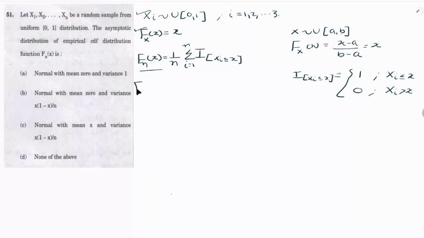Now, the distribution of empirical CDF is always normally distributed with mean Fx(x) and variance Fx(x) into 1 minus Fx(x), divided by n.